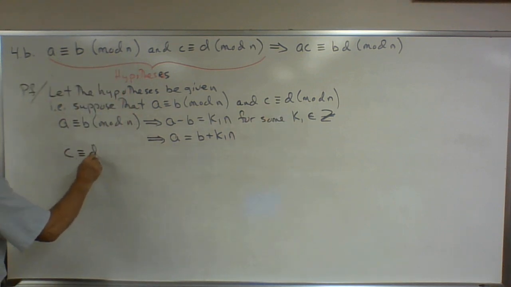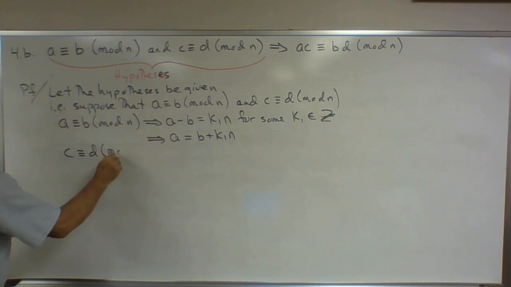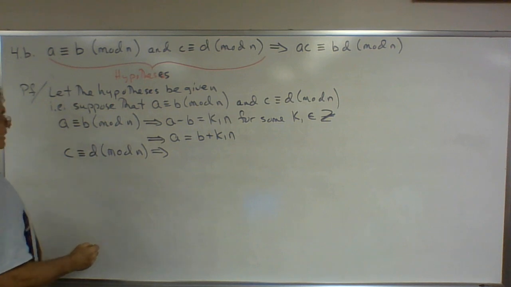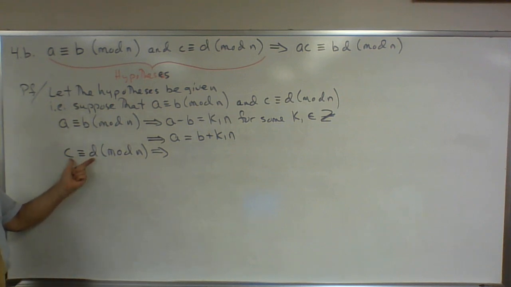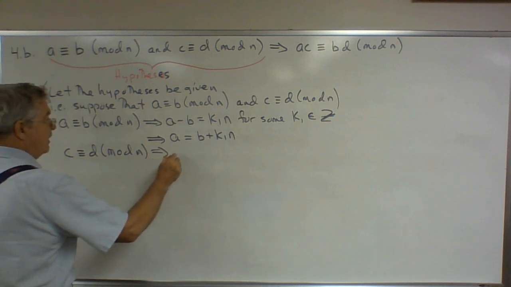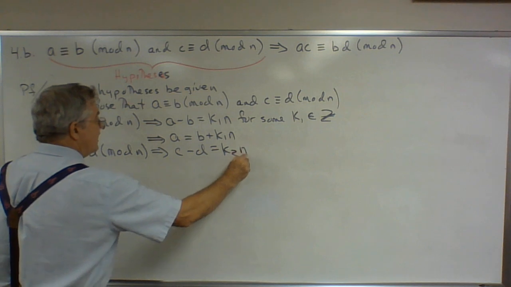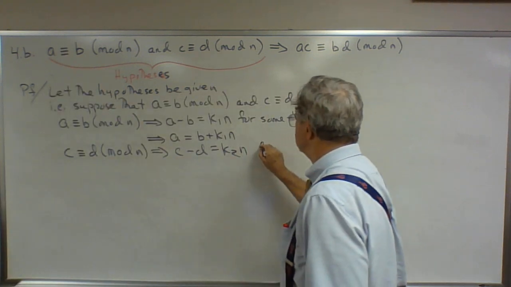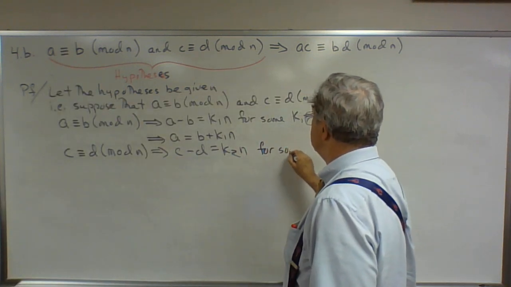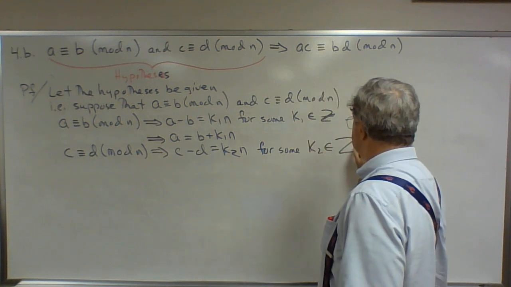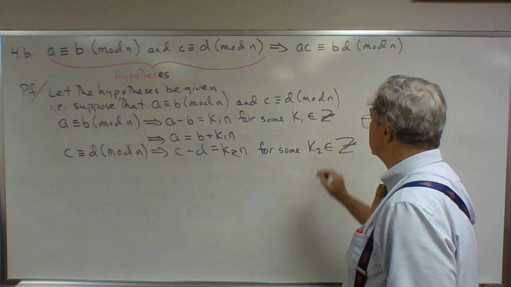Now, I'll look at this congruence. C congruent to D mod n tells us that their difference is a whole number multiple of n. So C minus D is equal to k2 n for some integer k2.